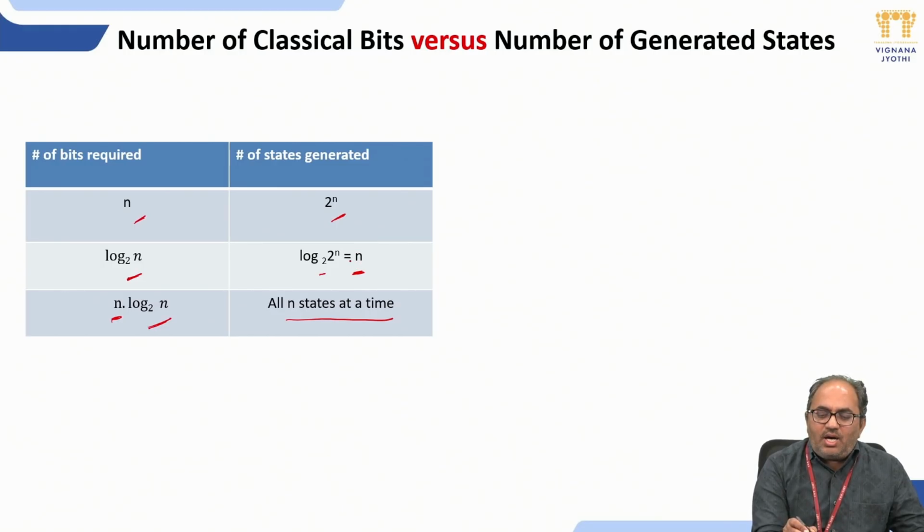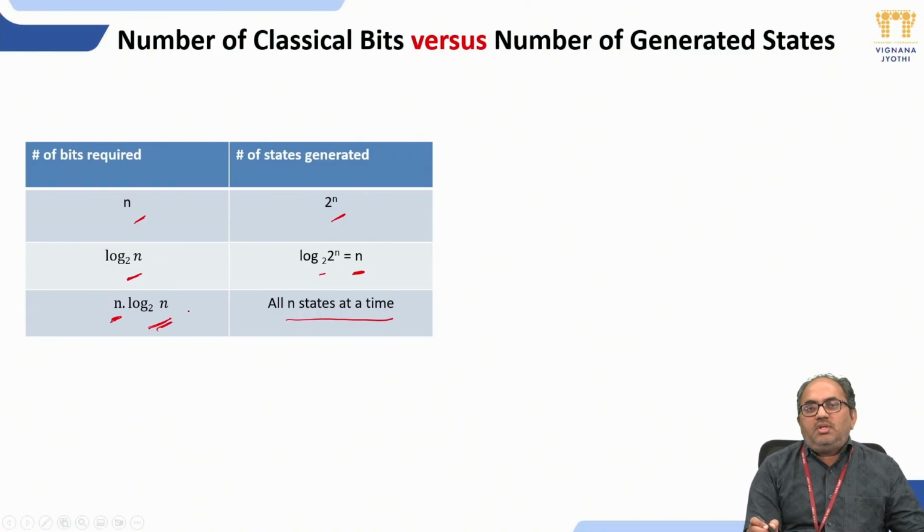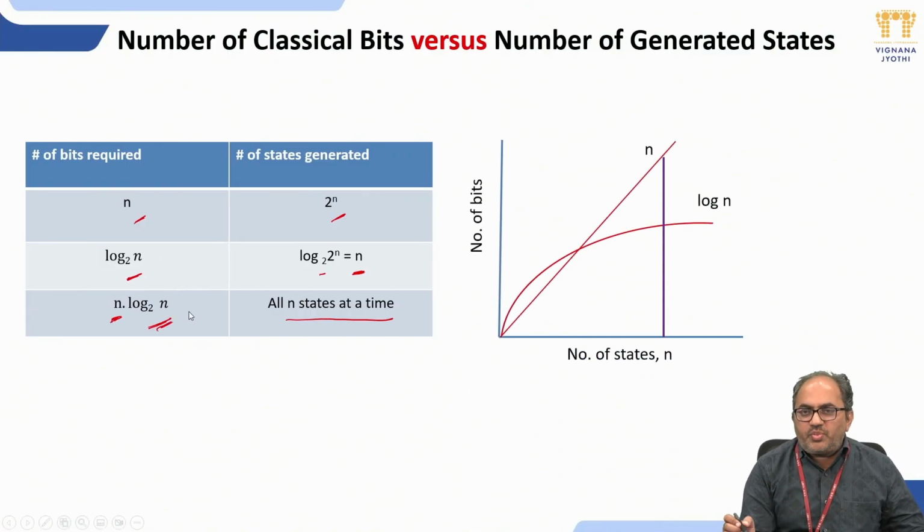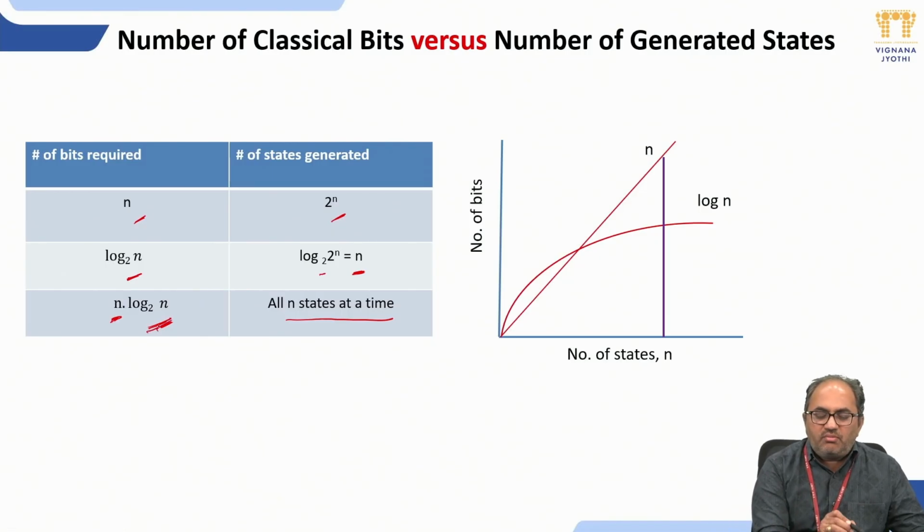But if I want to see all these n states at a time, I need n number of circuits. So I multiplied this number of bits, log n base 2, with n. So if I have n log n base 2 bits, I can see all n number of states at a time. Okay, remember this point.